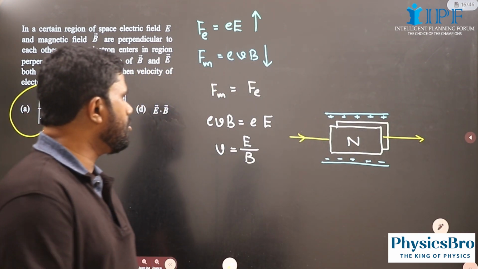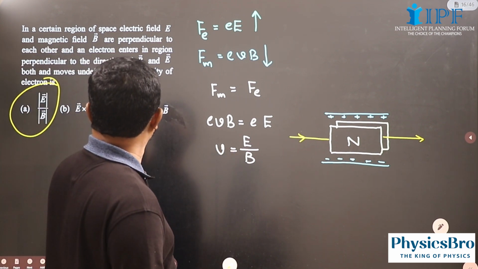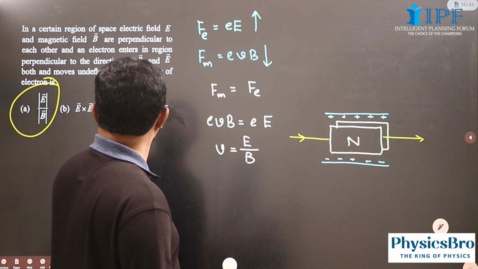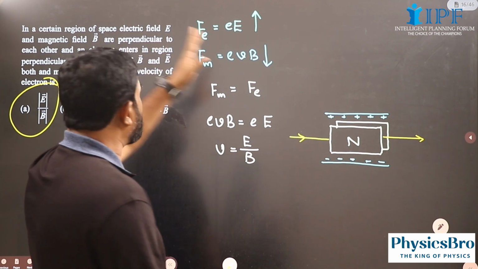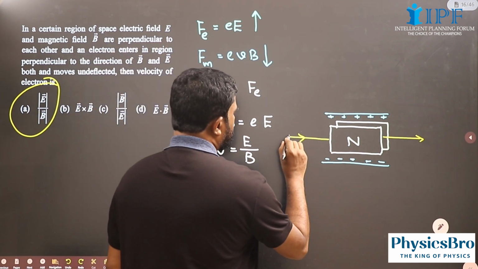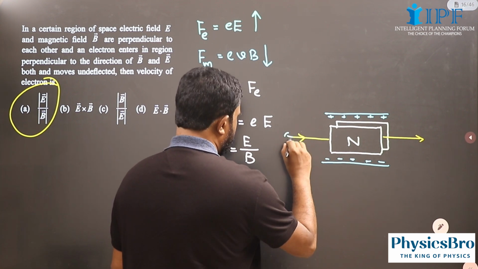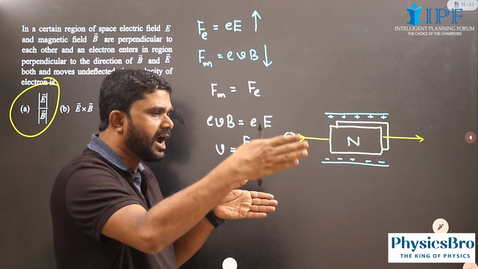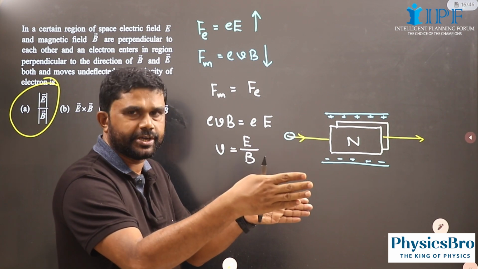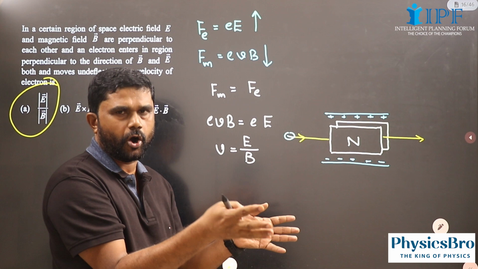Now here in a region of space we have electric field capital E, and an electron enters. Here we have a north pole, a south pole, a positive plate and a negative plate, something like a box.